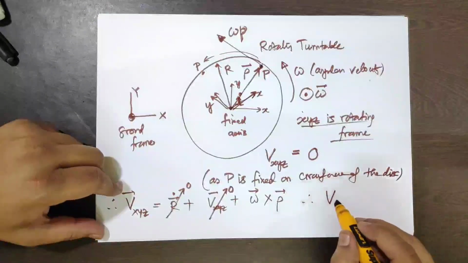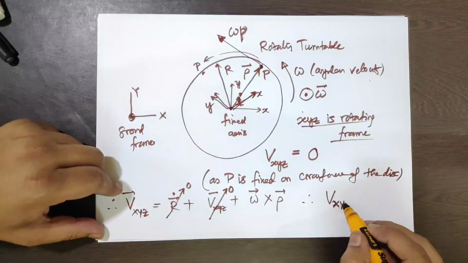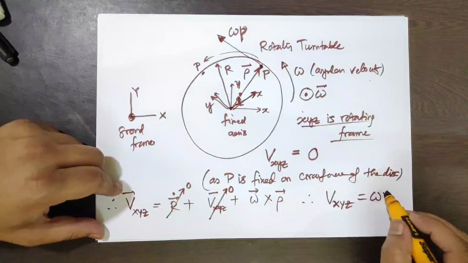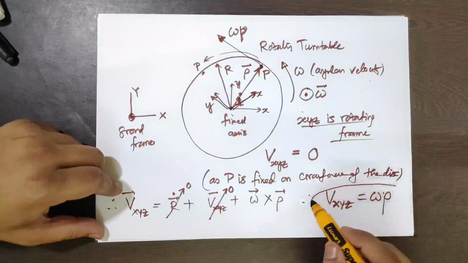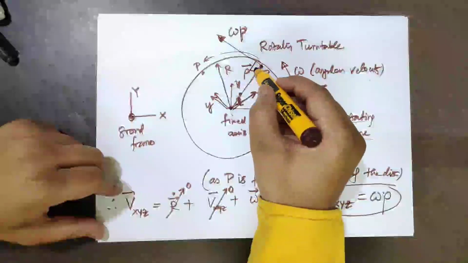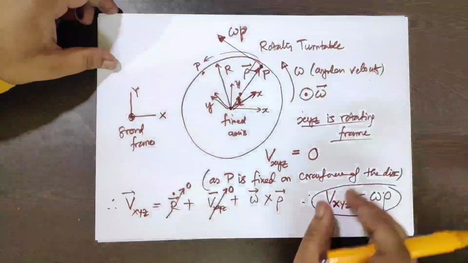So therefore v capital XYZ is omega rho, which is in this direction. That is quite easy.